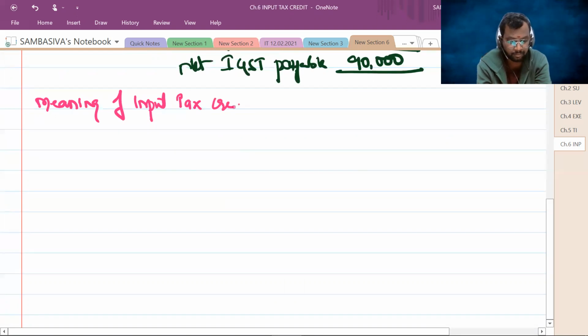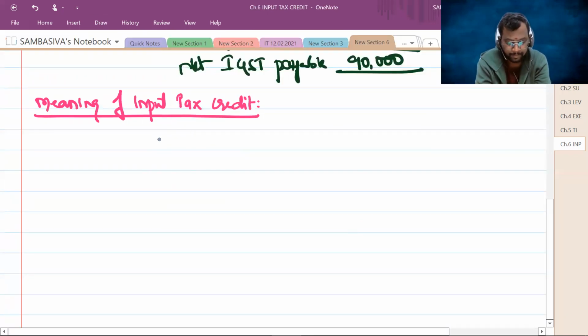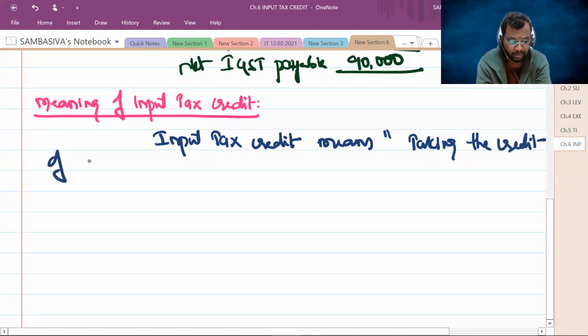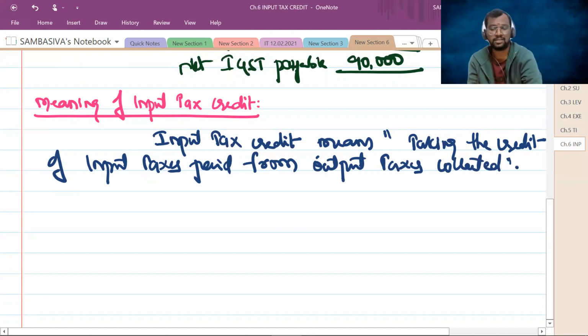Input tax credit is nothing but taking the credit of input taxes paid from the output taxes collected.